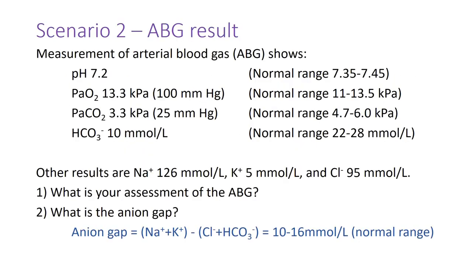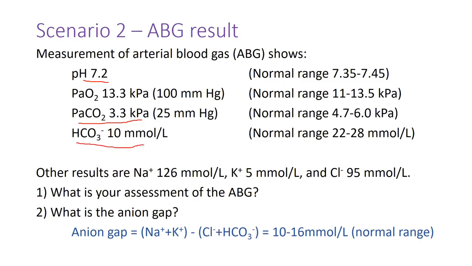He's got polyuria, going to the toilet a lot, and he's got weight loss. So here is the result of this young boy. Notice the pH is 7.2, which shows an acidosis. Now, is this due to the respiratory system? Well, no, it's not, because the CO2 is low. That doesn't make sense for respiratory acidosis.